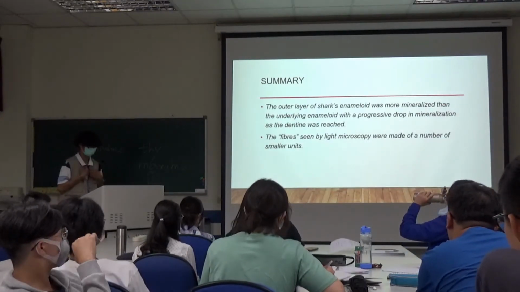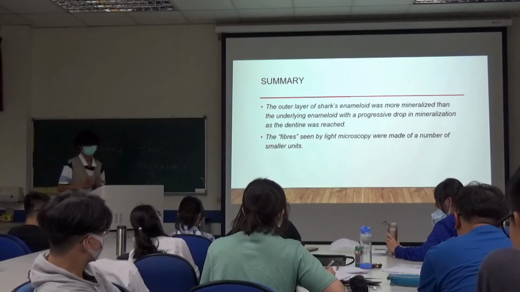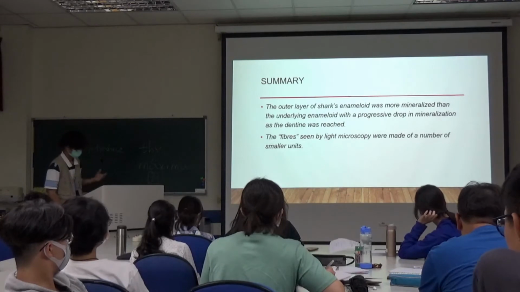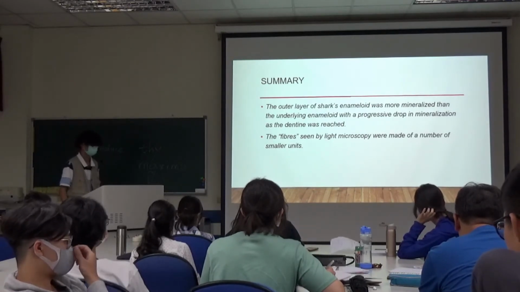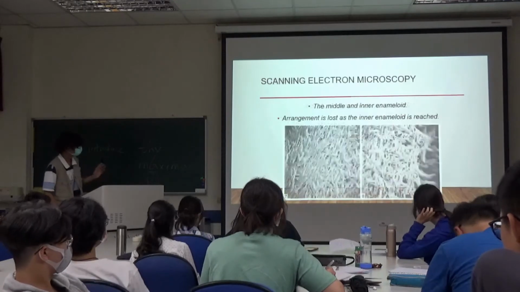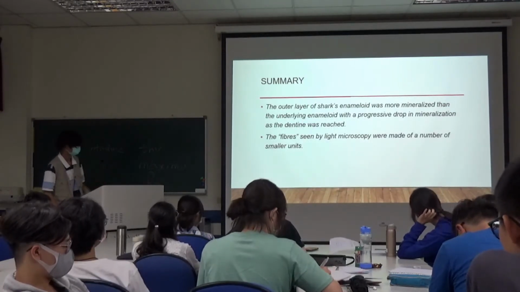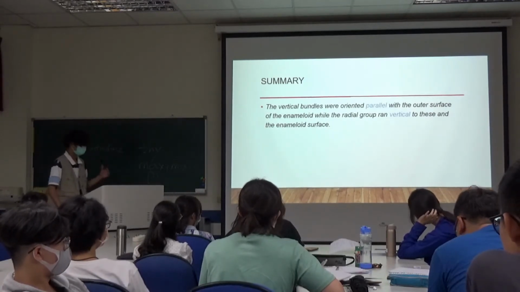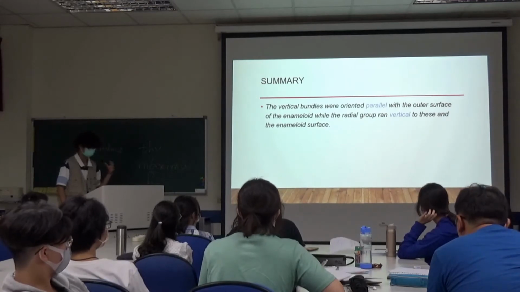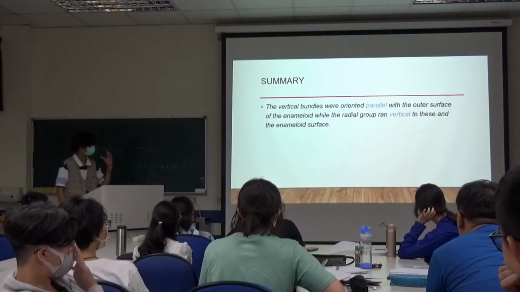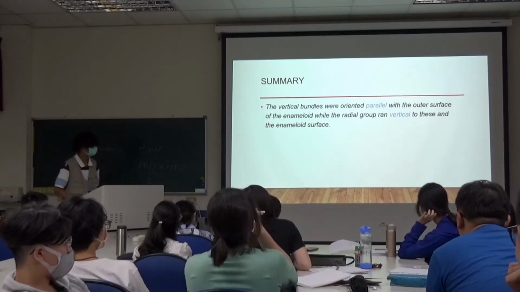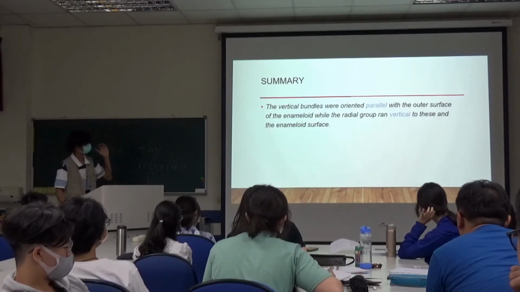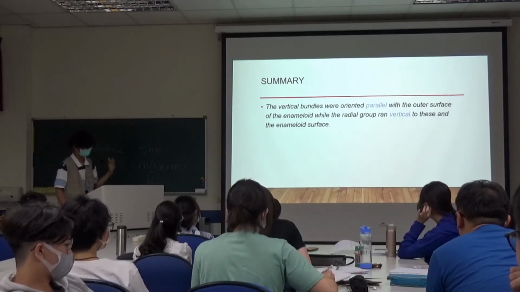So the summary is the outer layer of shark enameloid is more mineralized than the underlying enameloid, with a drop in mineralization as the dentin is reached. And as you can see, the fibers are made of a number of smaller units. And the vertical bundles are oriented parallel with the outer surface, but the radial groups run vertical to this bundle of the surface.